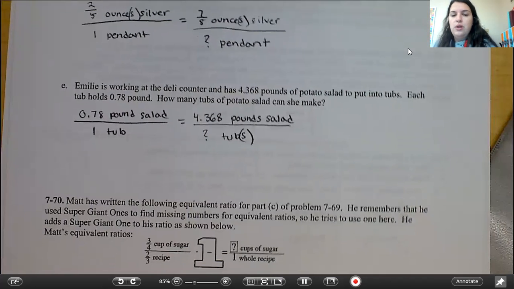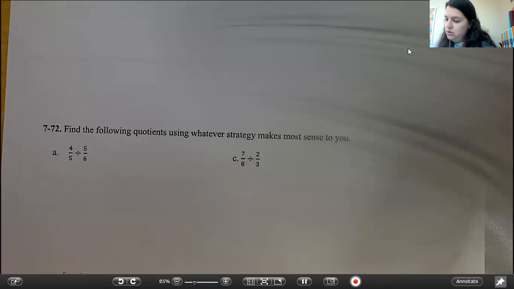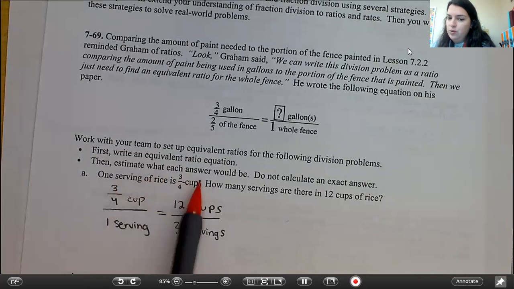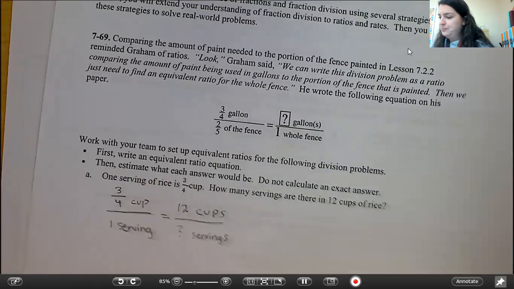Okay. So now you're going to pause the video and go back and create the estimation here. So your estimation is you want to estimate what each answer would be. Do not calculate it. So go ahead and do that now.